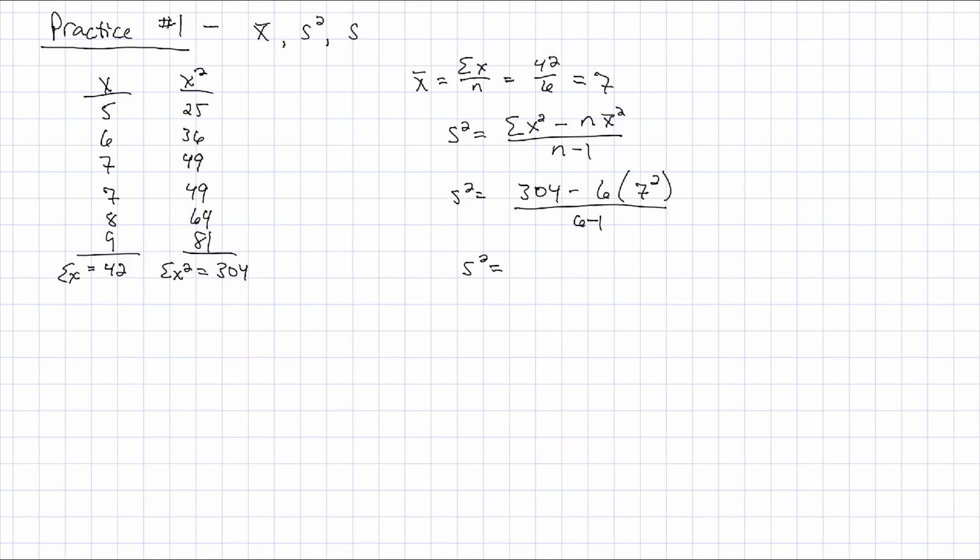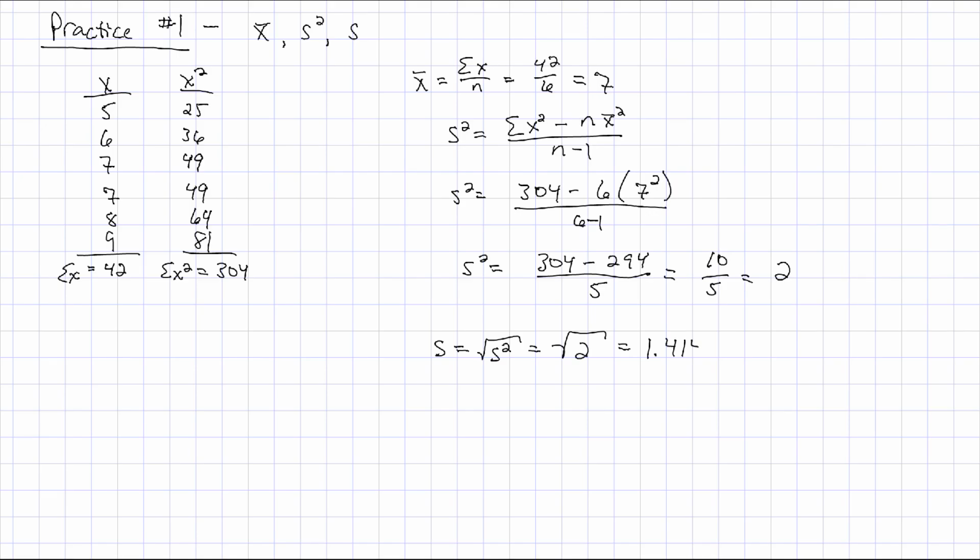When I simplify, I get 304 minus 294 divided by 5. That's 10 divided by 5, or 2. So the variance is 2. The standard deviation is simply the square root of our variance. So the square root of 2, which is equal to 1.414.